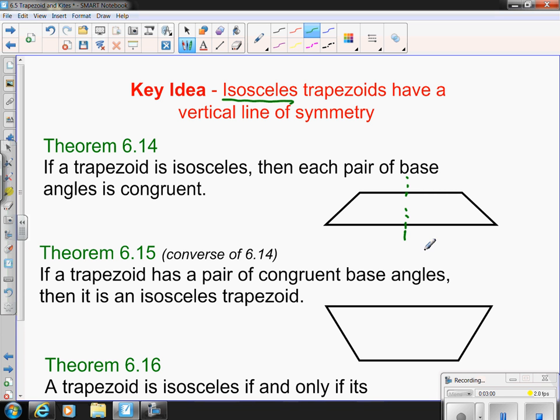So if these sides are the same, then these angles are congruent, and these angles are congruent. And if one set of base angles is congruent, then these sides have to be congruent.